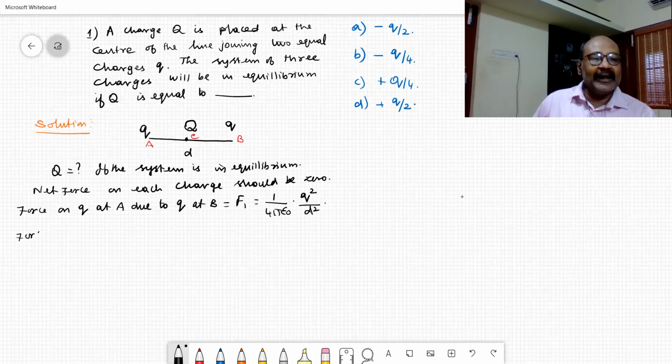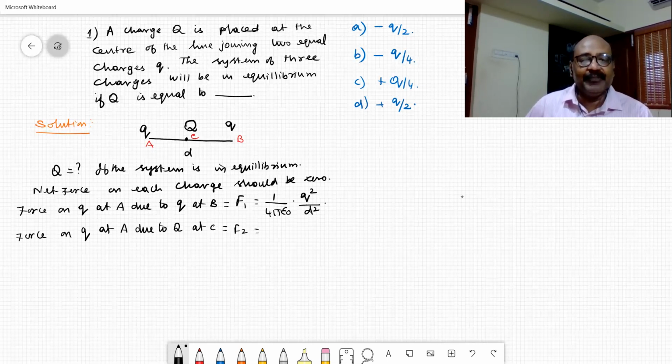Similarly, I am calculating the force on the charge small q kept at A due to the charge capital Q kept at C. Let us consider that force as F2. The magnitude of the force is 1 divided by 4 pi epsilon 0 into small q into capital Q divided by the distance between capital Q and small q, which is d by 2.